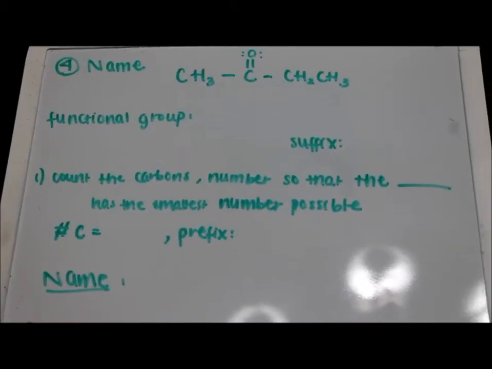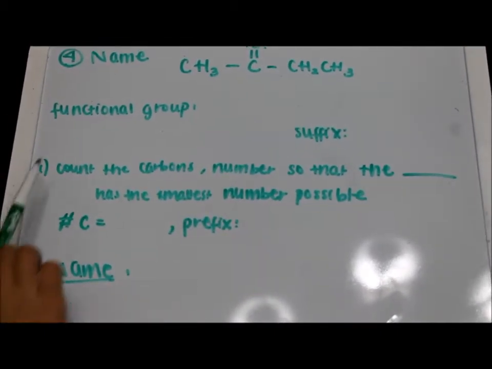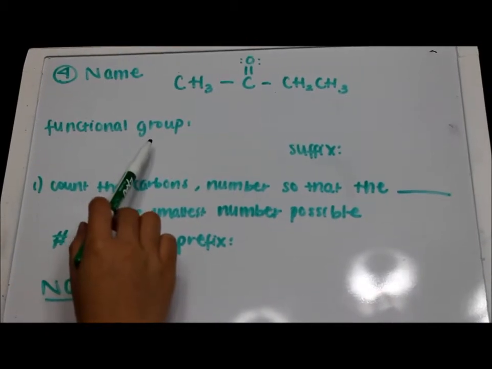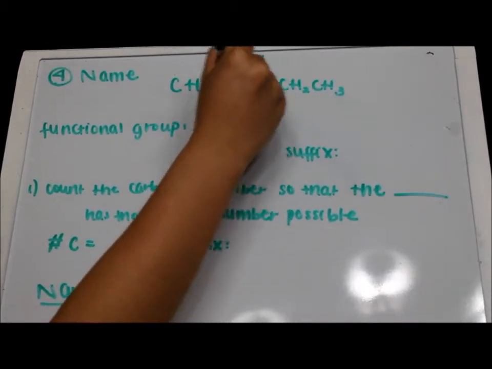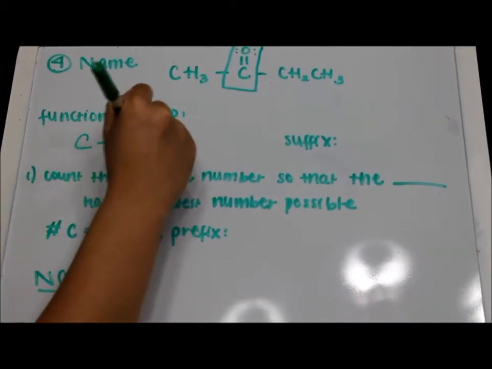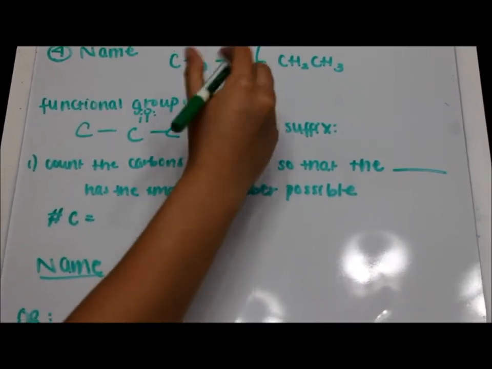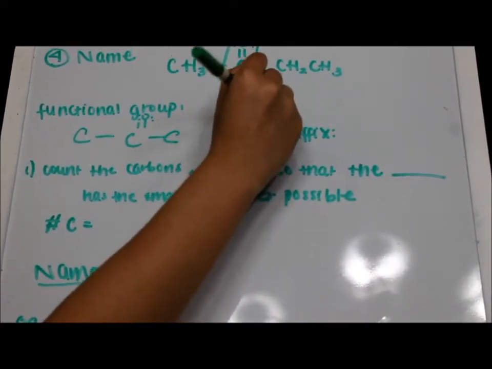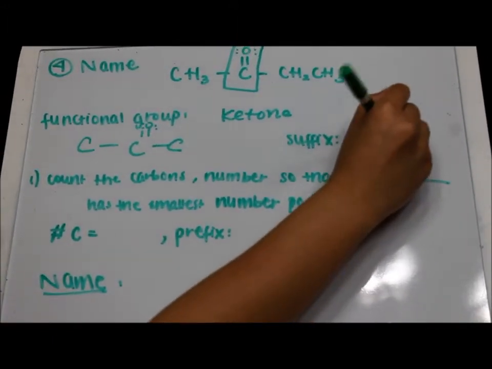For this example, we're going to name this compound, and as we've done so far, first we're going to identify the functional group. Here we see that the functional group is right here, and that's a ketone. Ketones have the suffix -one.